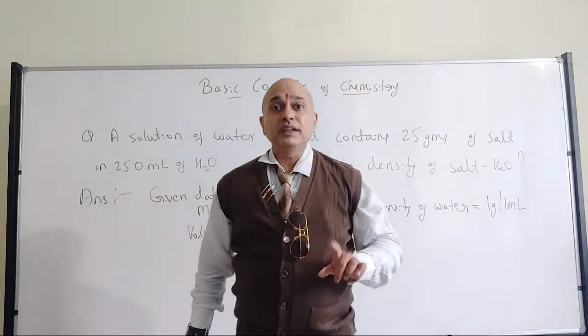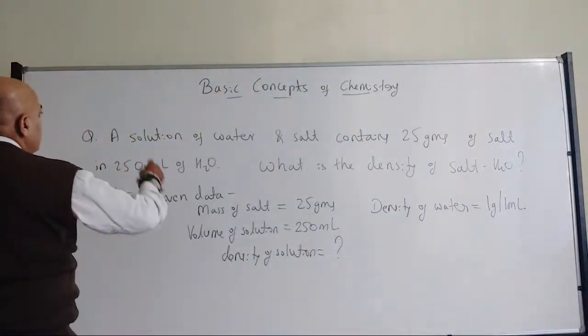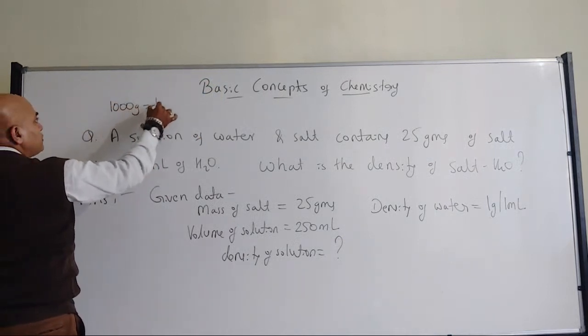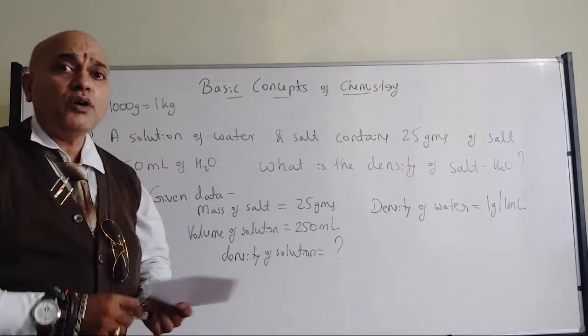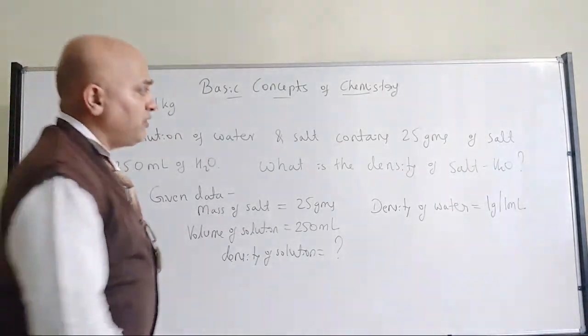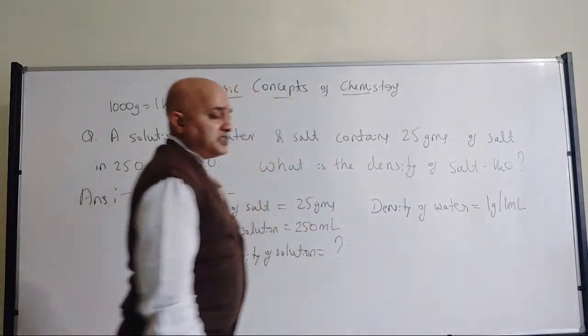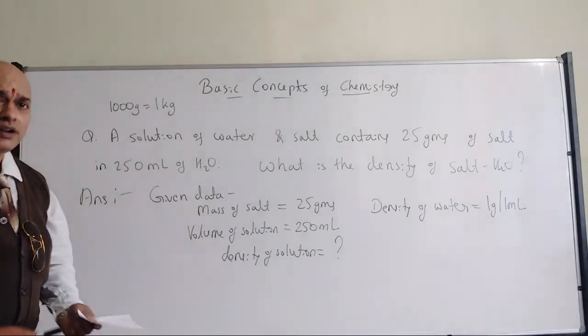Anything is fine. And gram is derived from kg only. Because 1000 gram is equal to 1 kg. So gram is the smaller representation of the kg. Fine? So that's where we have the density of the water.